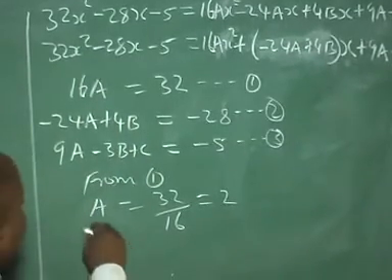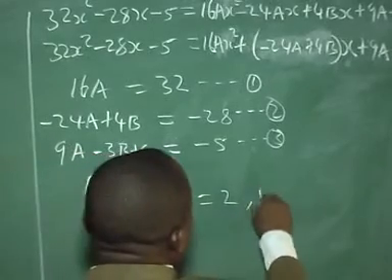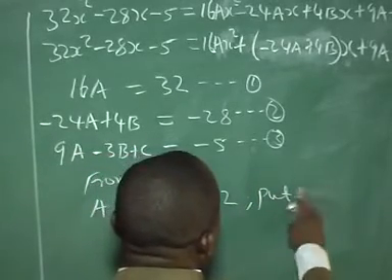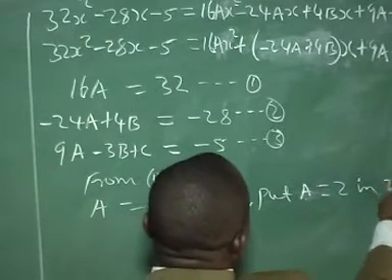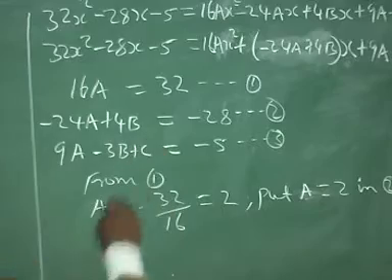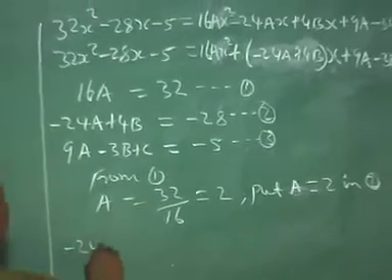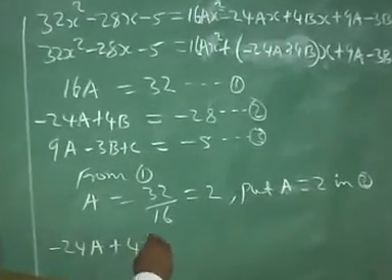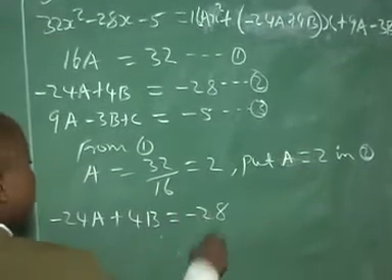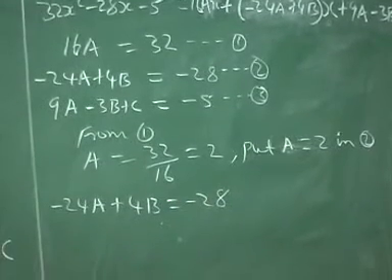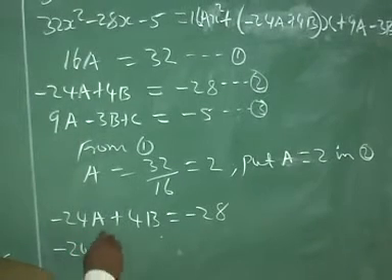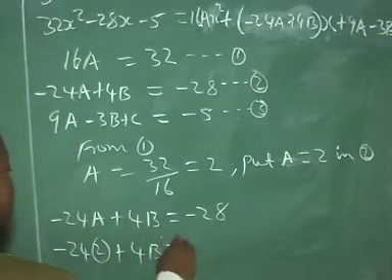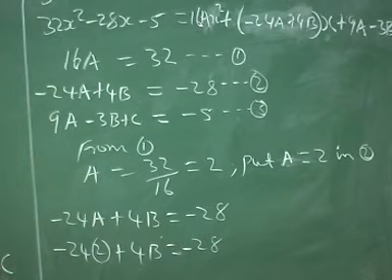If we put a is equal to 2 in equation 2, which is minus 24a plus 4b is equal to minus 28, then we'll have minus 24 times 2 plus 4b is equal to minus 28.